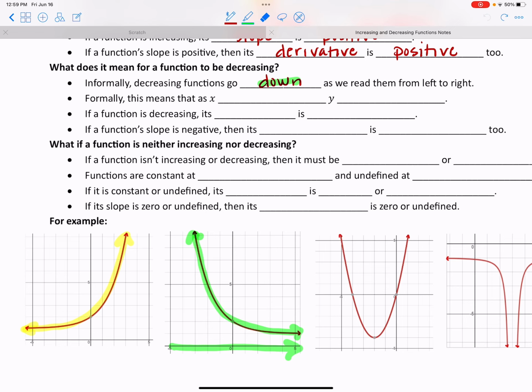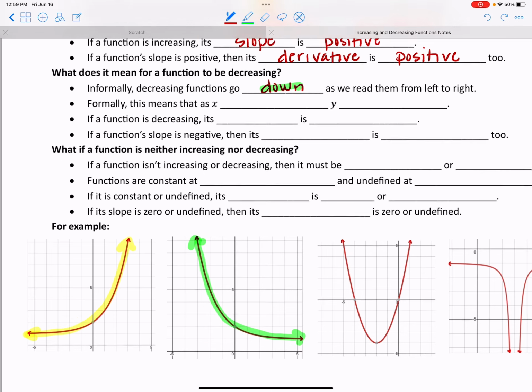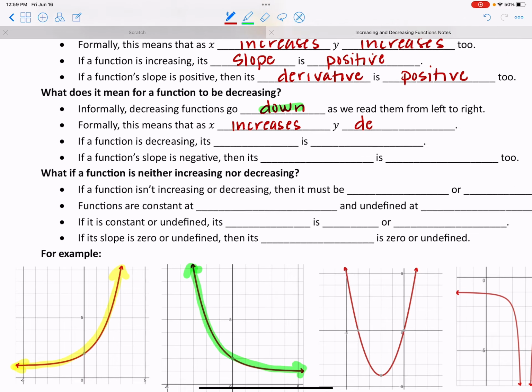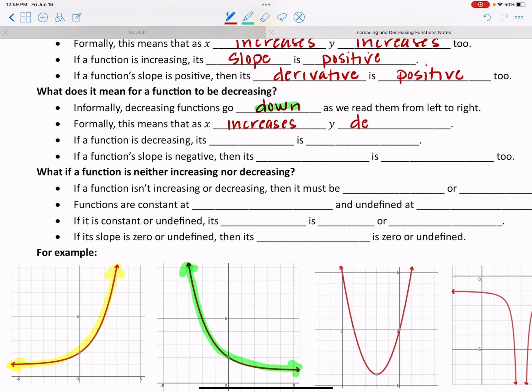That's always our frame of reference: we always read from left to right. So as x increases, y decreases.